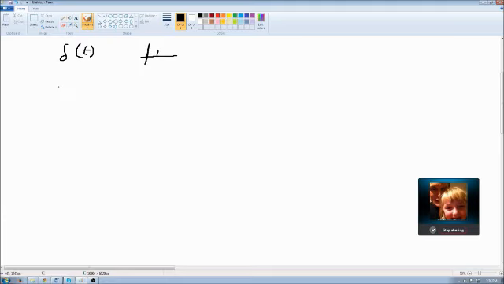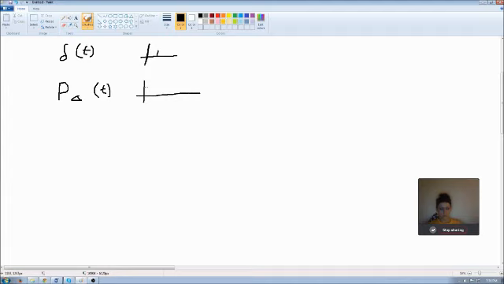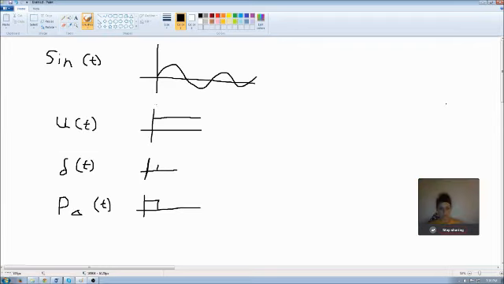From that point, we also have a pulse function, a lot of times also called a big delta. And thinking back to pulse width modulation from Circuits 1, which is so wonderful, that's just a unit function, but for a given period of time.